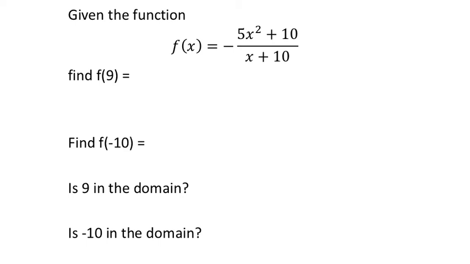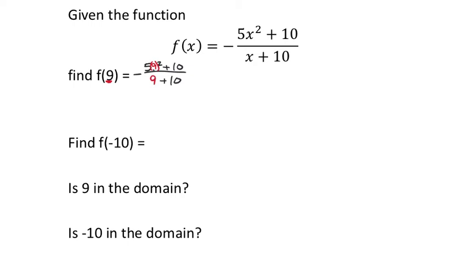So that would be, remember, our function shows 5 times x squared plus 10 all over x plus 10, right? But here, we're saying the x value is 9. So I'll replace my x's with 9s right here. There's a 9 and there's a 9, okay?